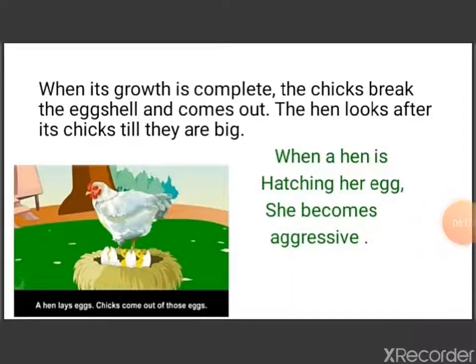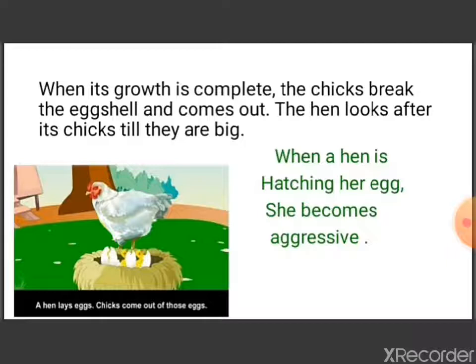When the growth inside the egg is complete, the chicks break the eggshell and come out. Then the hen looks after the chicks till they grow a little bigger. Now let me tell you, during the time when a hen is hatching her eggs, she becomes more aggressive for fear of their safety. She attacks anyone who tries to go near the eggs or even touch them or play around them.